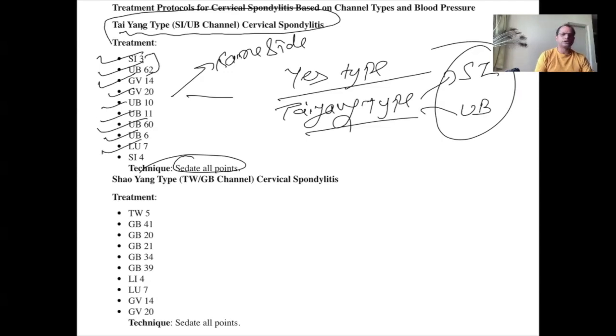Lung 7 is the distal point of the neck, and SI4 is a single point. Even this alone can remove the neck pain, because it is a source point.